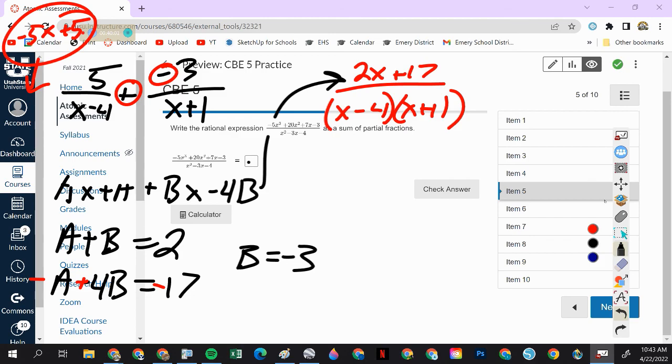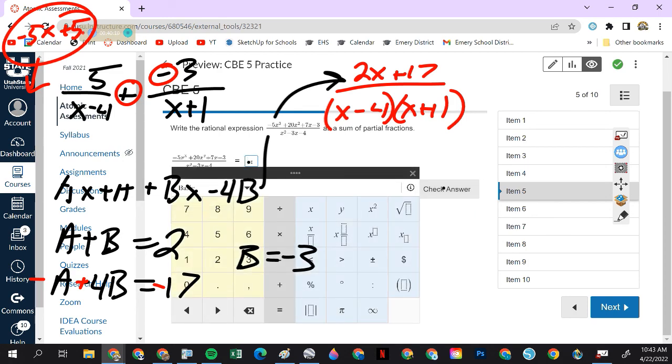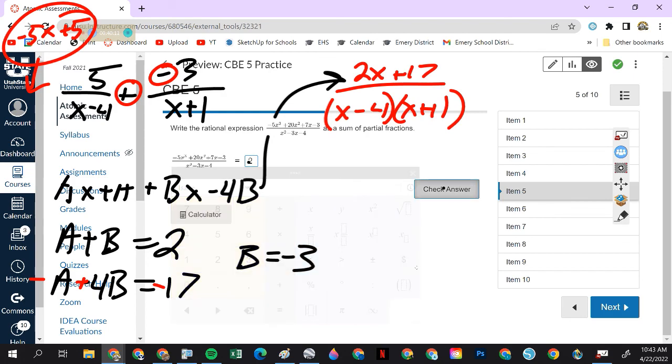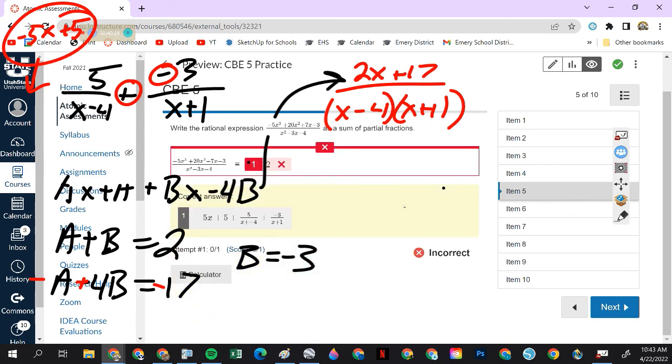Well, I'm just going to click check answer and see what it wants me to say. Okay, so it wants you to put the negative up top. If you put the negative here, that is correct, but I think it will mark it wrong. So make sure any negatives stay up there.